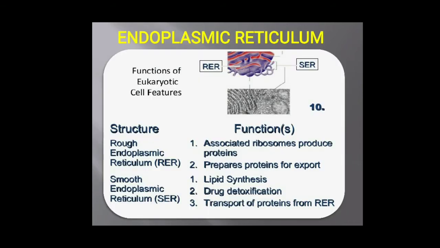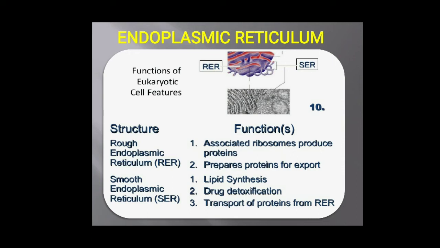Another important cell organelle is endoplasmic reticulum, which is called the cytoskeleton of the cell. It spreads from the nuclear membrane to the cell membrane and helps in the transportation of different substances within the cell. Endoplasmic reticulum has two parts. Some of the endoplasmic reticulum is smooth and some is rough.